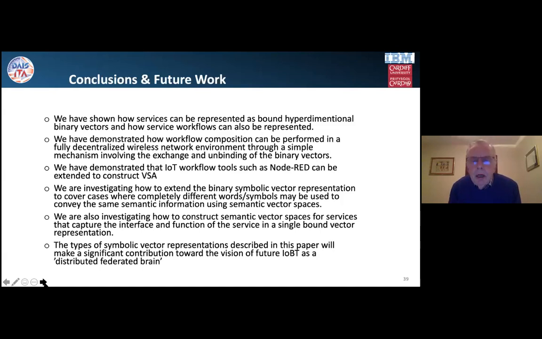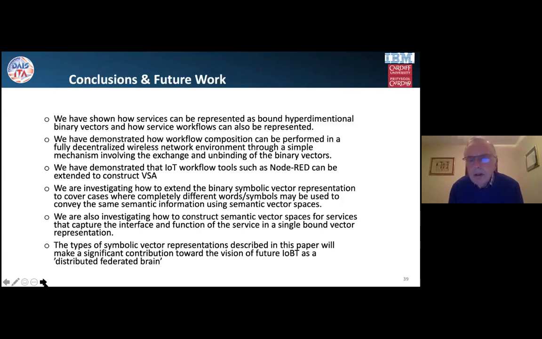And what we're currently doing is investigating how to extend the binary symbolic vectors to cover cases where we have completely different words and symbols used by different coalition partners. So we're using semantic vector representations rather than sort of random vectors built up from an alphabet.